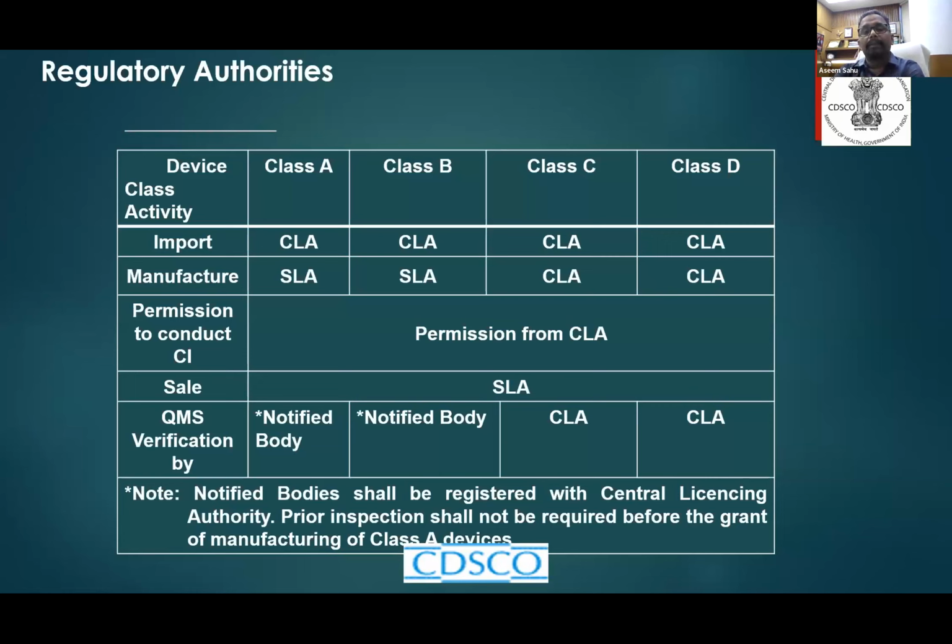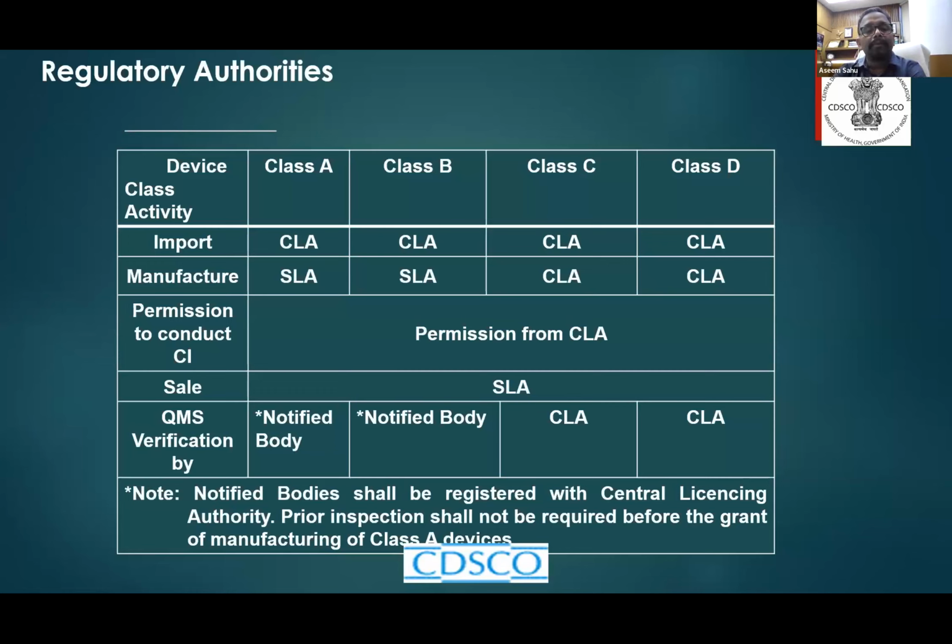For high risk, that is C and D, the Central Licensing Authority is responsible. For conduct of clinical investigation or clinical performance evaluation, the permission is to be issued by the Central Licensing Authority. The sales responsibility lies with the State Licensing Authority.